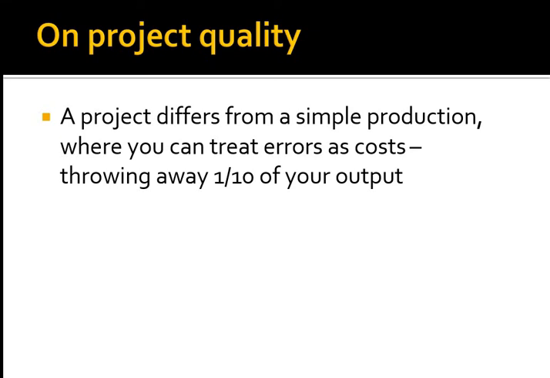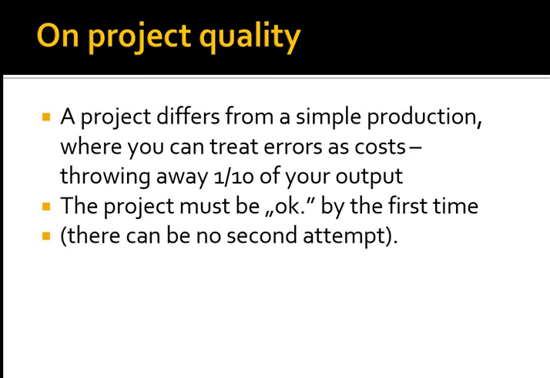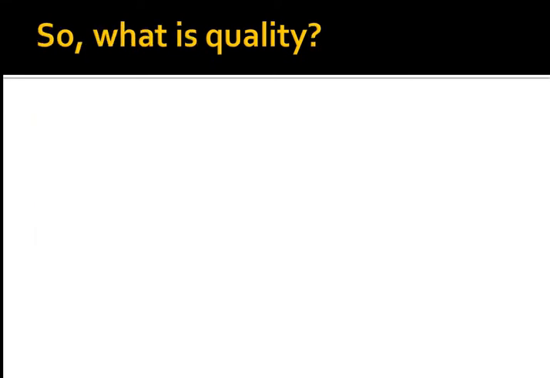It pays off to waste like 10% of your output because this is the optimal production quality from your point of view, because this way you earn the most you can. A project, on the other hand, must be okay the first time, and you may not have a second opportunity. So now it is important to learn what we actually mean by project quality.